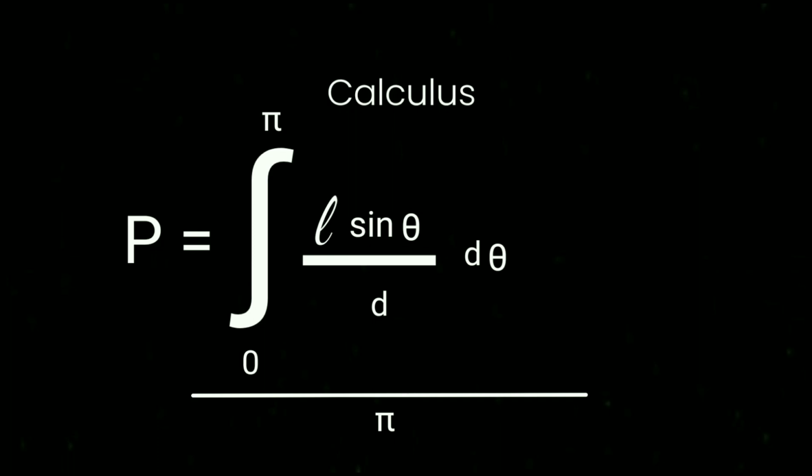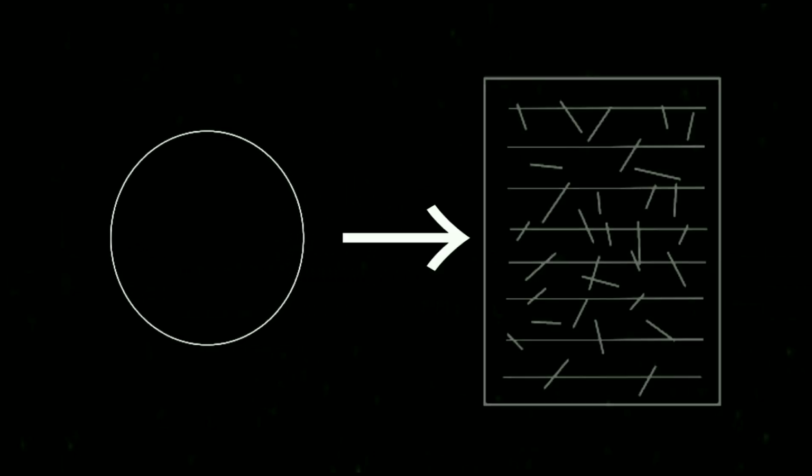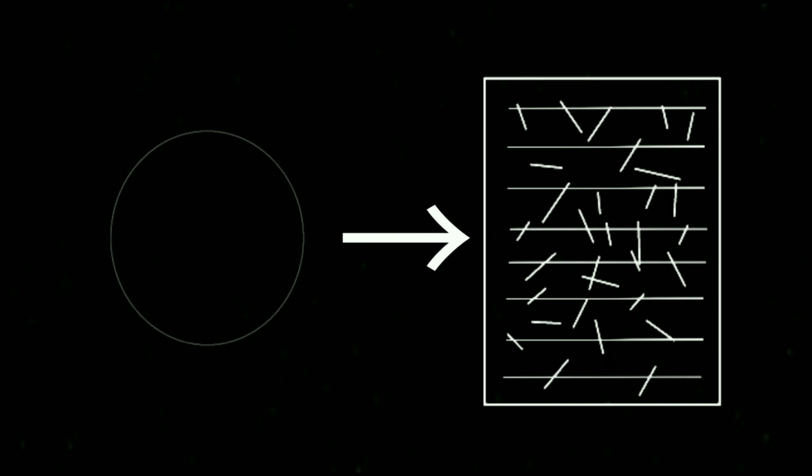The classic approach for solving a problem like this would be through calculus, which involves the use of integrals to evaluate the average value of the probability function over all possible outcomes. But the calculus proof simply fails to provide us with an intuition as to where the hidden circle in the problem is, and is largely incapable of connecting circles to the notion of throwing needles onto the sheet of paper.